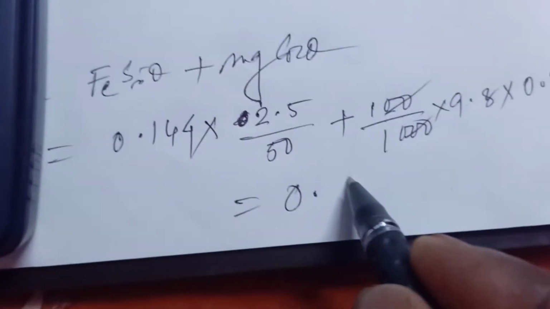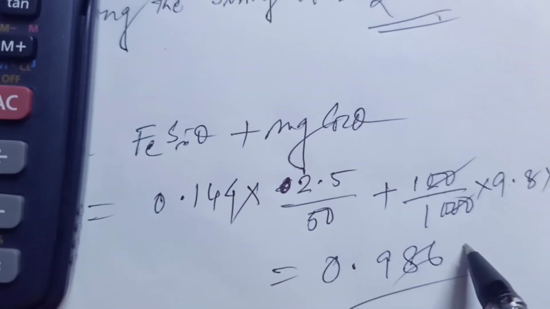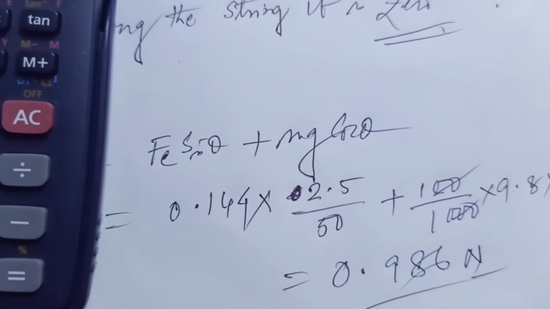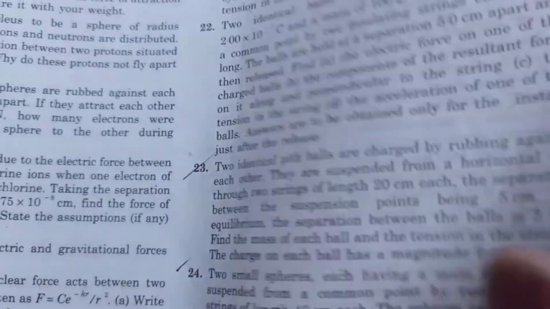So this is equal to 0.986 Newton. This is the value of tension.